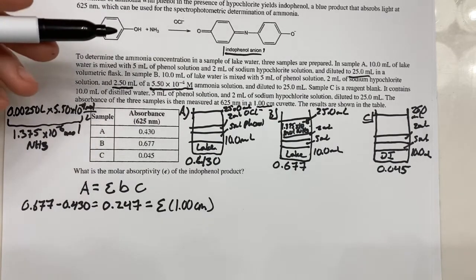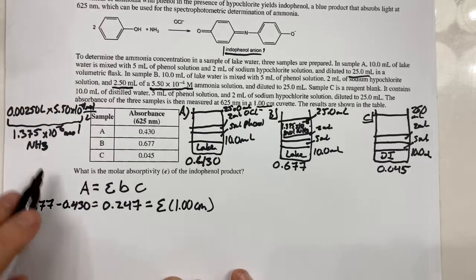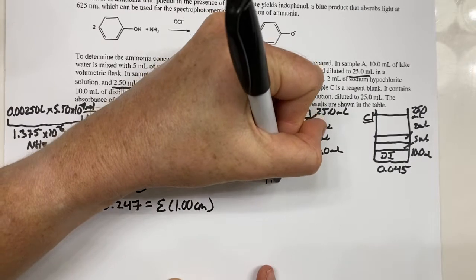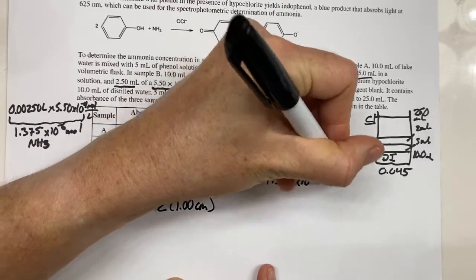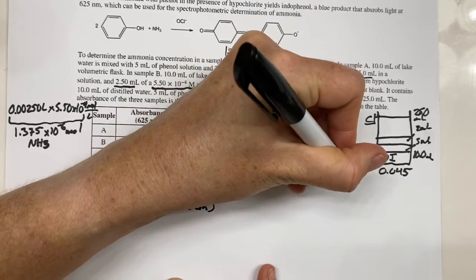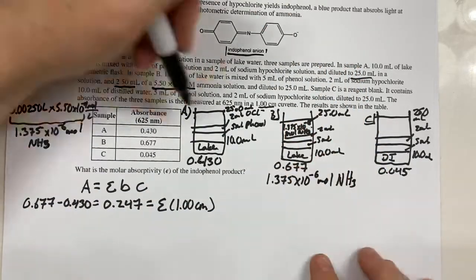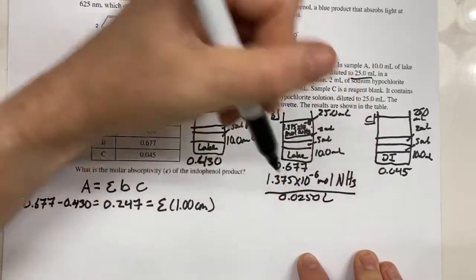So we took ammonia in this solution, we had 1.375 times 10 to the negative 6 mole of ammonia. And remember that concentration is just mole per liter. We know there are that many mole in 25 milliliters, or in other words, 0.0250 liters.